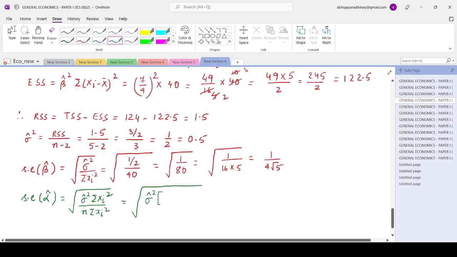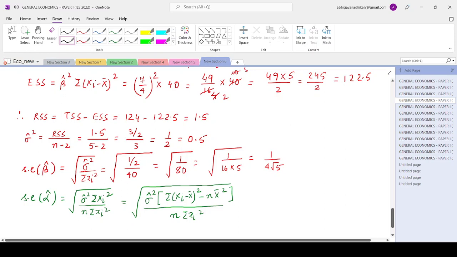So sigma hat square remains, and summation capital Xi square, from the properties, can be written in this format: summation xi minus x bar whole square plus n x bar square, divided by n times summation small xi square.